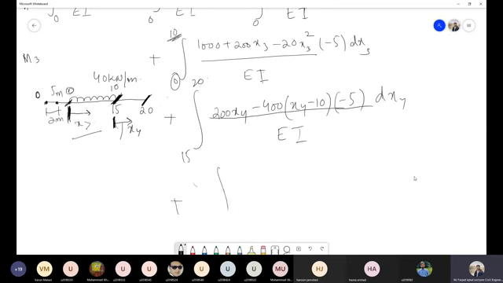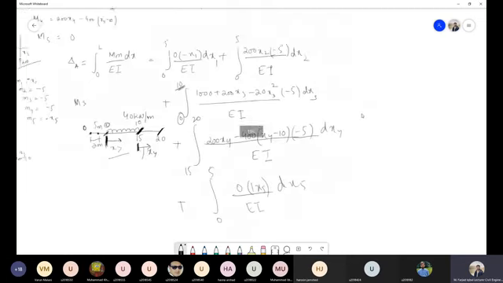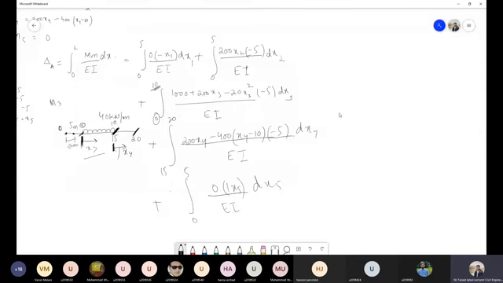Now coming back to section 5, what will be the limits for section 5? Zero to 5. That is a simple 0 to 5, and over here we have x5 dx5. Now give me the answers of these integrals.